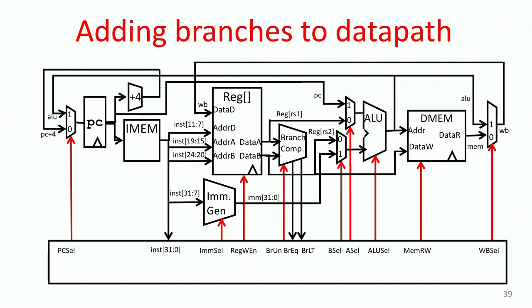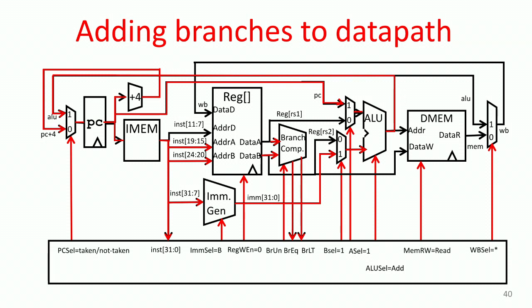So you can see things are getting a little more complicated. And this in red now shows what the paths are for this instruction. The outputs of the register file just go into the branch comparator. They don't go any further in this case. But the ALU gets used for PC plus the immediate. And this immediate generator has to be modified a little bit in order to treat this as a 13-bit number instead of a 12-bit number.